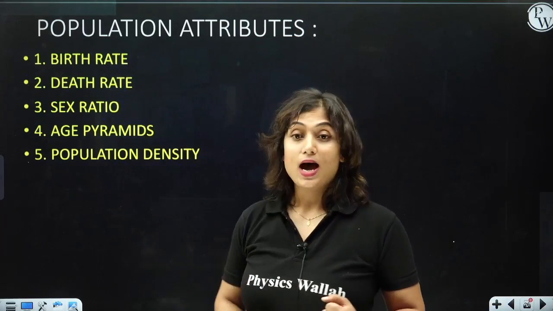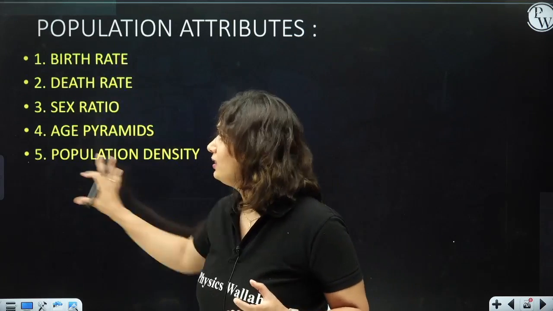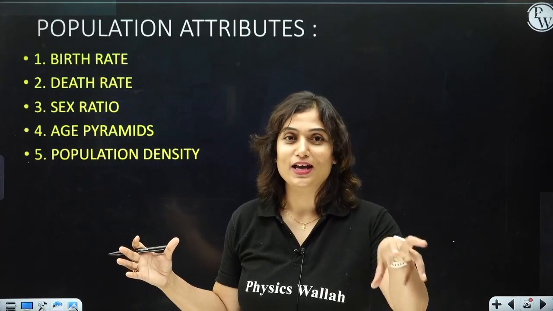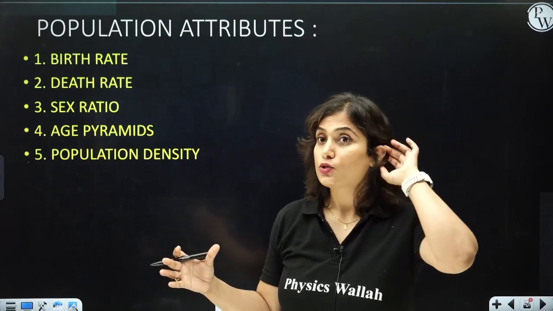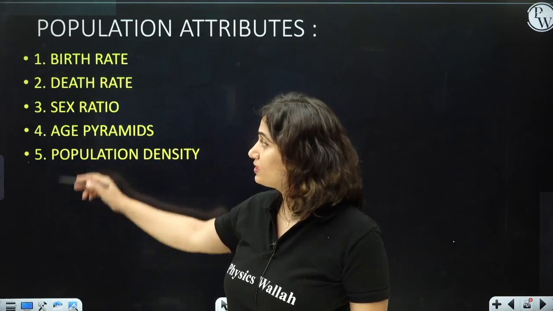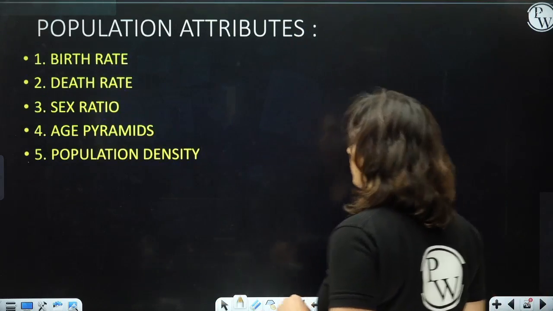These are all population attributes. You can explain these things in a population, not on an individual basis. So the question comes directly: what are population attributes? You will say these 5 things. So let's understand one by one.